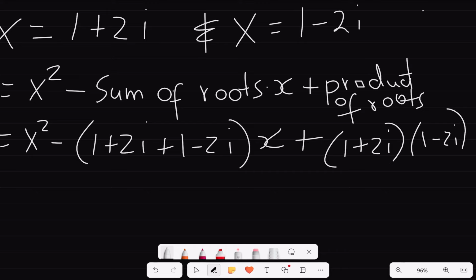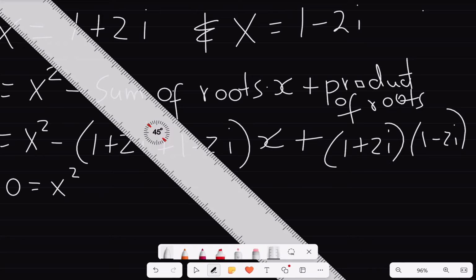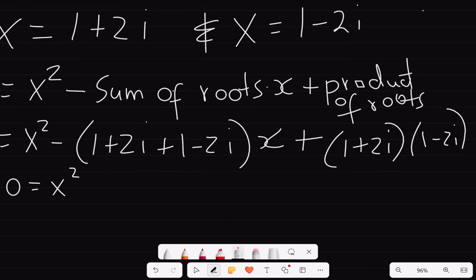If you check here, this will cancel with that one. So you have 2 here, because 1 plus 1 is 2. So we have negative 2x.